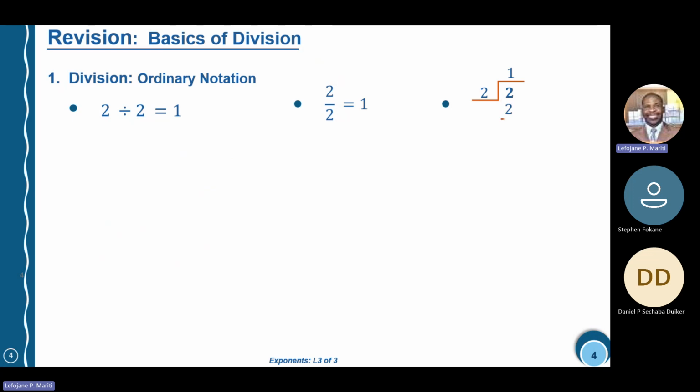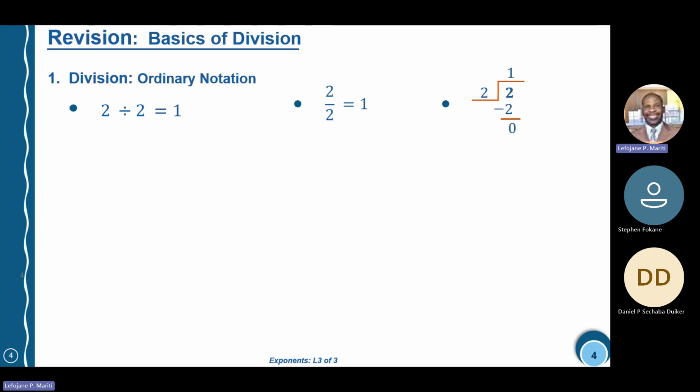And then we draw a line, because we subtract every time after dividing and after multiplying until we no longer have a remainder. In this instance, when you subtract, you end up with 0. This is also the long division method that you grew to know.